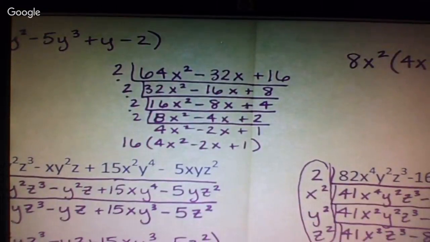Minus 8x, and 4. Now what goes into each one of these? We could have done 2. That took me to 8, 4, and 2. Then I would have pulled out another 2, which would have taken me to the 4, the 2, and the 1. So again, 4 times 2 is 8, times 2 is 16. Either way, you still end up with that final answer.